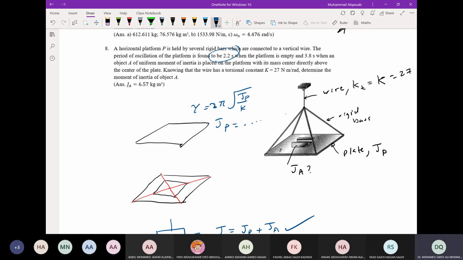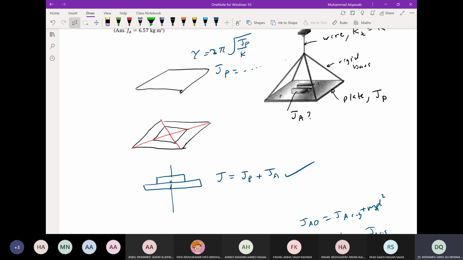And for the second system, we have tau 2. The system is similar, but the moment of inertia is different. It's 2 pi square root of JP plus JA divided by K. And then from here you can find JA, the required quantity.